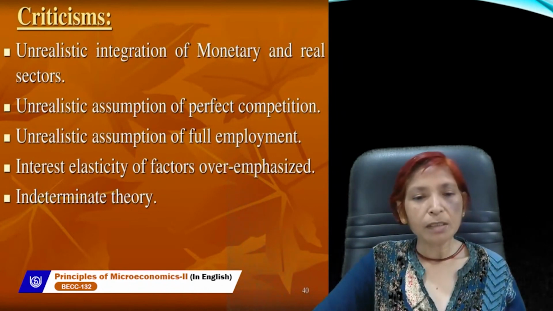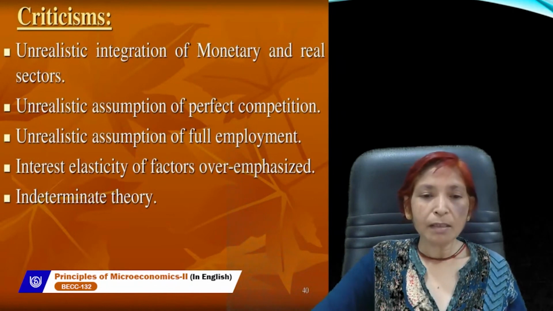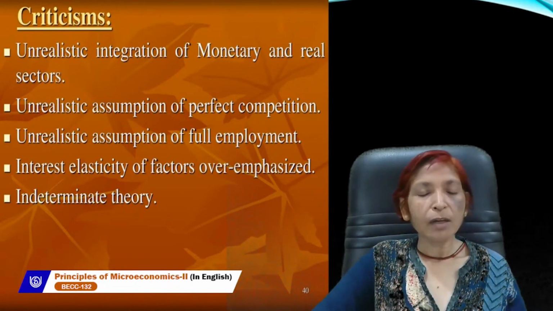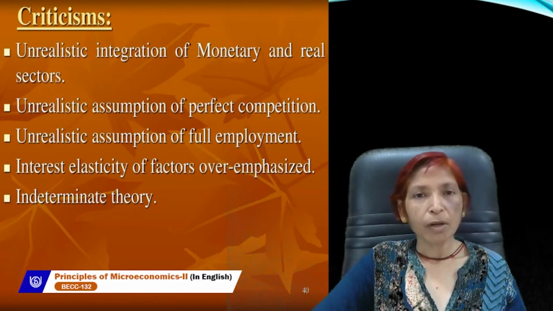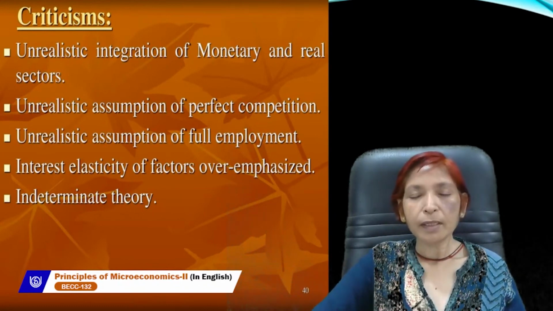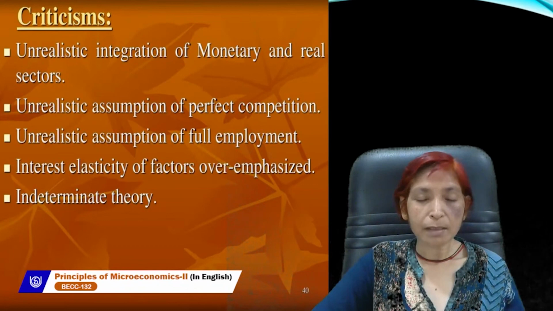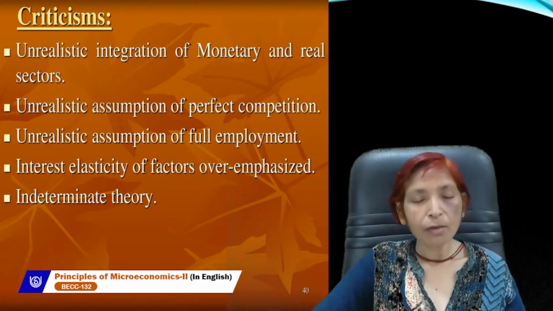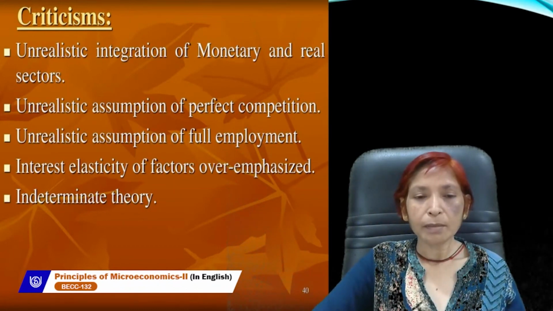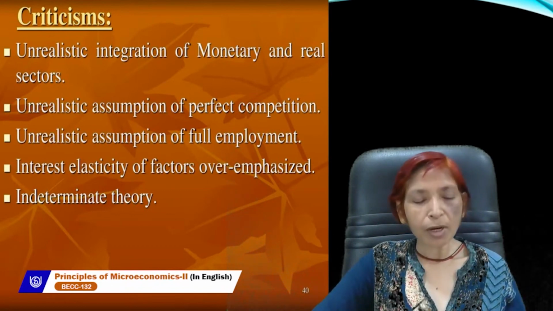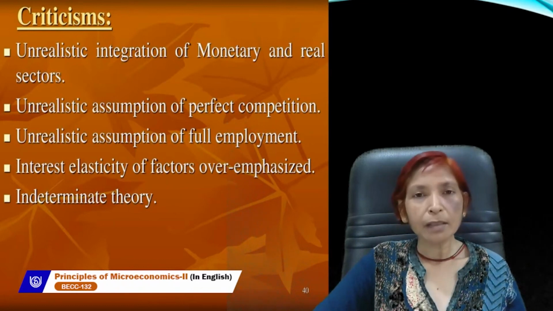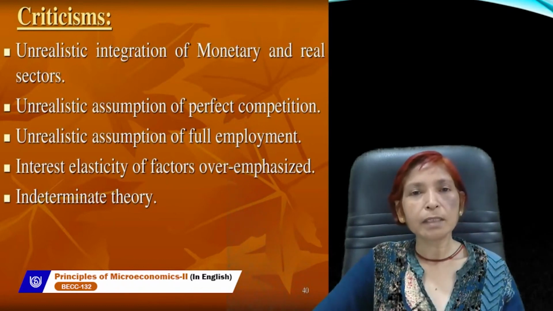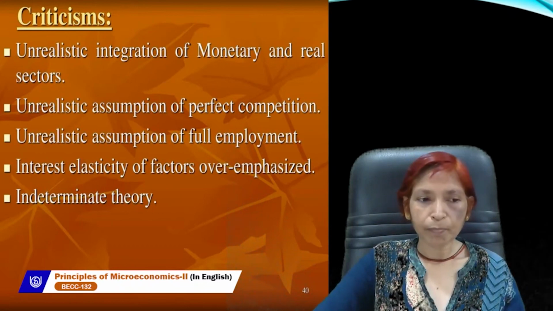Full employment is very difficult to achieve, and no economy, either developed or underdeveloped, is fully employed at present. Because if involuntary unemployed people get job opportunities, voluntary unemployed people may still exist in that situation. So full employment is an unrealistic assumption. But J.B. Clark assumed that full employment exists in the economy.